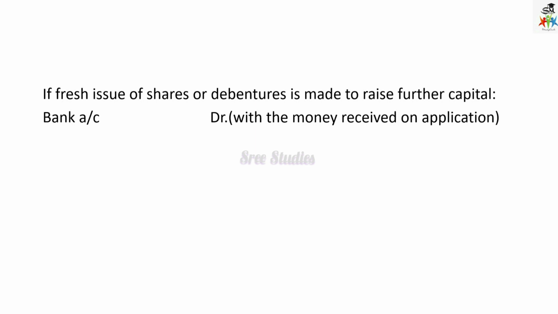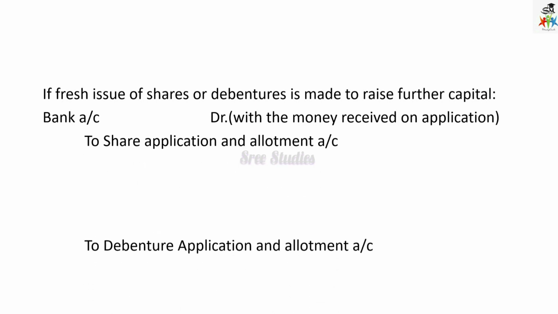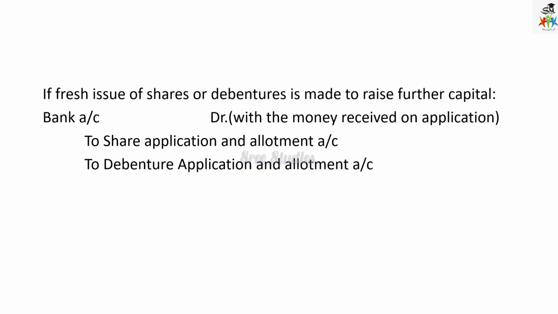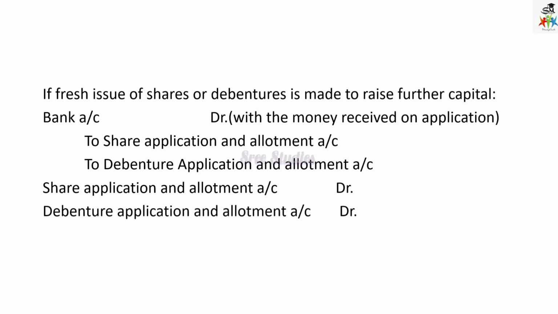Then bank account debtor with the money received on application, to share application and allotment account. Suppose it is debentures, then debenture application and allotment account. Then transferring this application and allotment to capital, share application and allotment account debtor, or debenture application and allotment account debtor, to share capital account, to debentures account.